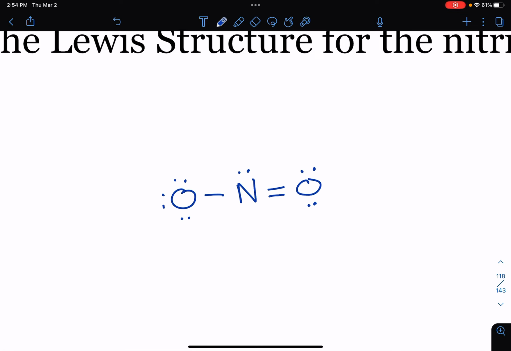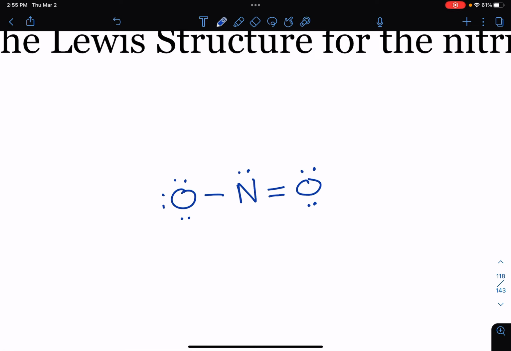also has an octet. However, we cannot place another double bond on nitrogen because then nitrogen would have an expanded octet. Nitrogen is in period 2, row 2 on the periodic table, and it cannot have an expanded octet.